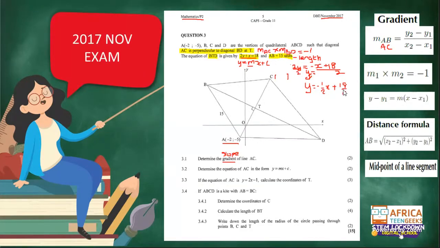Can you see that? By solving for y in our equation, we actually get the gradient. So the gradient of BD is equal to negative half.